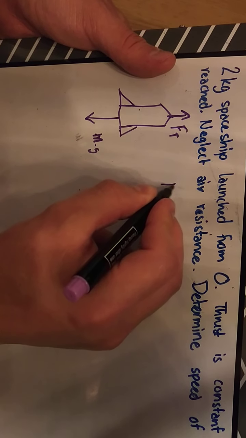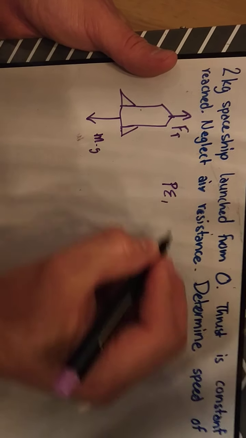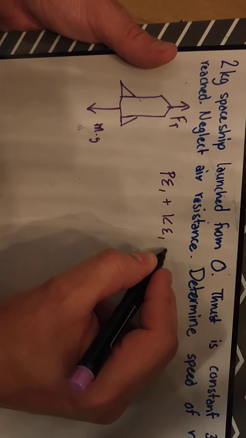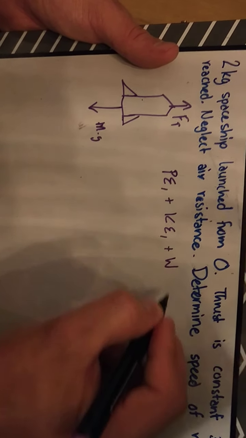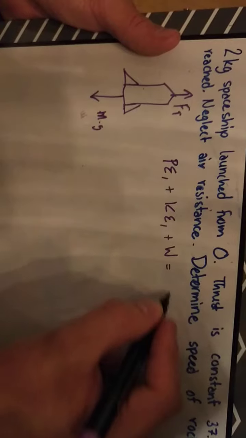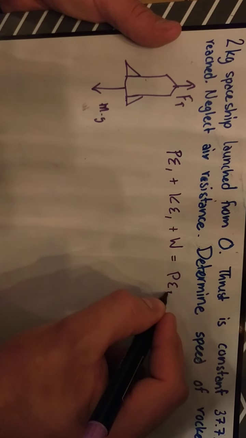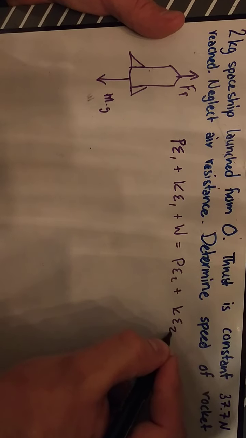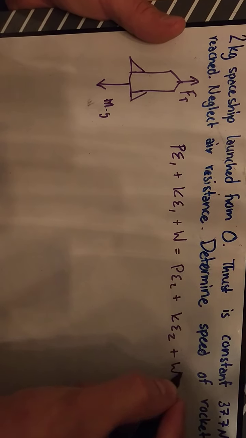So we're going to have potential energy at 1 plus the kinetic energy at 1 plus work is equal to potential energy at point 2 plus kinetic energy at 2 plus work.